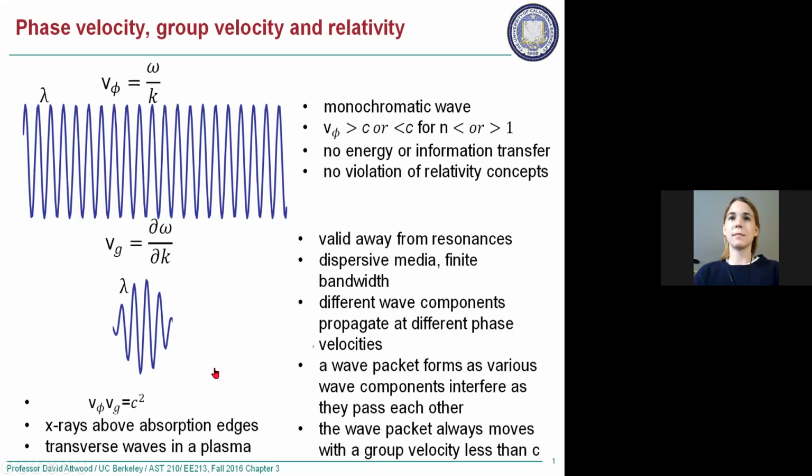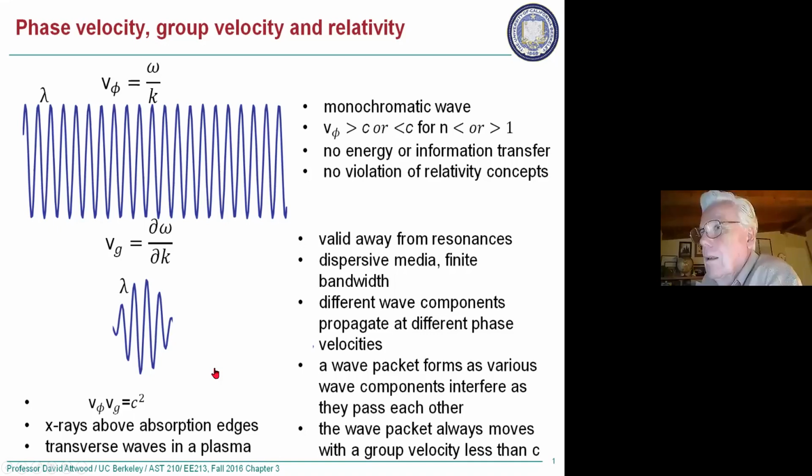Now I'm remembering my quantum mechanics. Would a photon be considered a wave packet like this, where we have multiple? No, because photons just have one wavelength. I think a photon would not be considered a wave packet because it's only one photon.